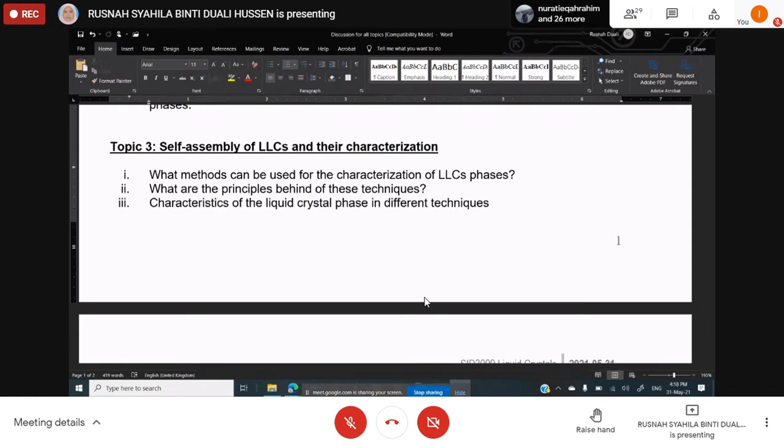Not only that, in real life it's very hard to identify a liquid crystal phase, except if you have a very pure compound, up to 97%, then maybe we can trust your assignment. Otherwise, maybe it's not so clear. So the key point is there must be a very pure compound that you are investigating.